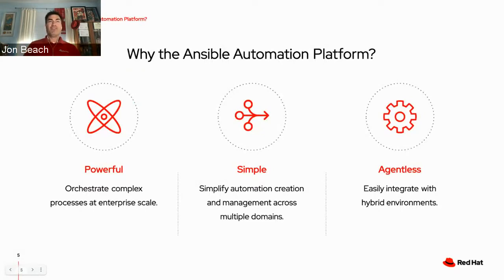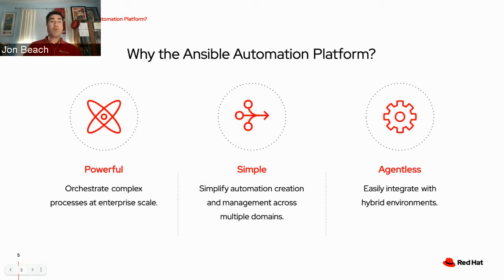So why are we using the Ansible Automation Platform? It's not Ansible itself, right? Red Hat Enterprise Linux comes with Ansible Core, but it's not just Ansible itself. The characteristics that make Ansible so popular are extended by the platform: the power of a single universal language across multiple technology domains.